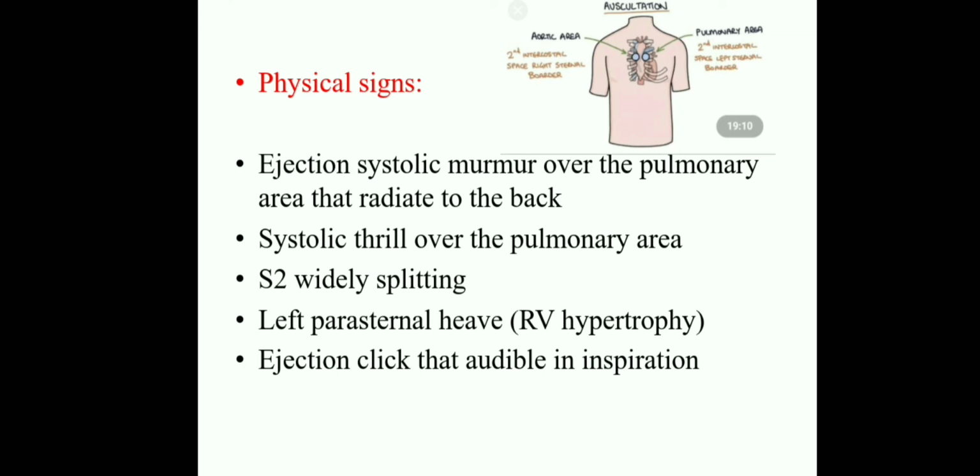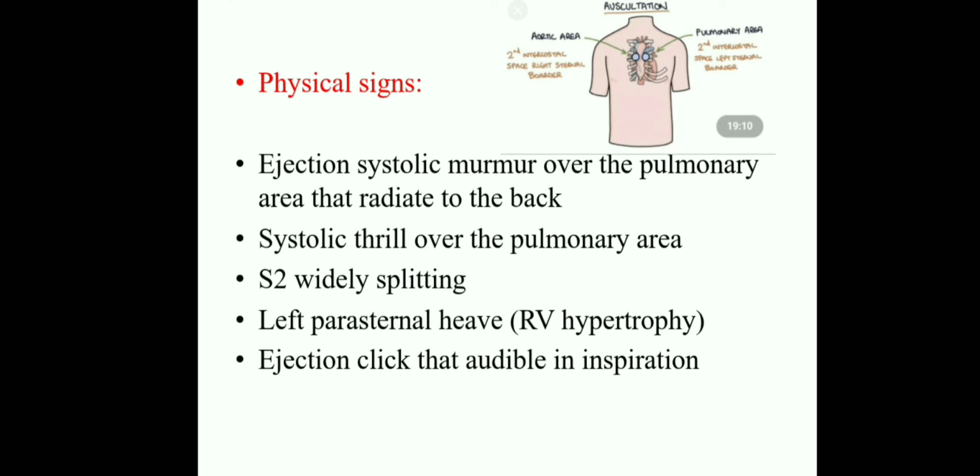Okay, the systolic thrill over the pulmonary area we will feel. The thrill is there, the systolic thrill. It is like when we tap a filled water balloon, that time one thrill is there. Okay, that systolic thrill over the pulmonary area we will see.